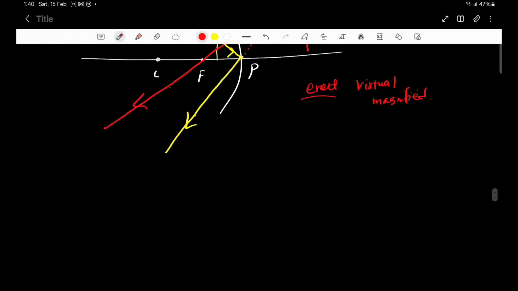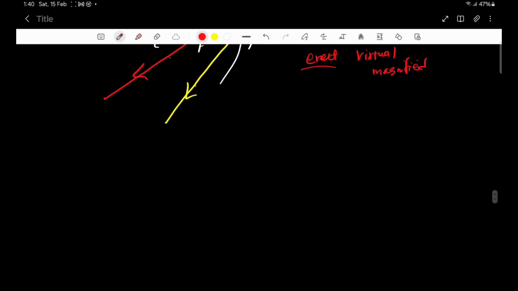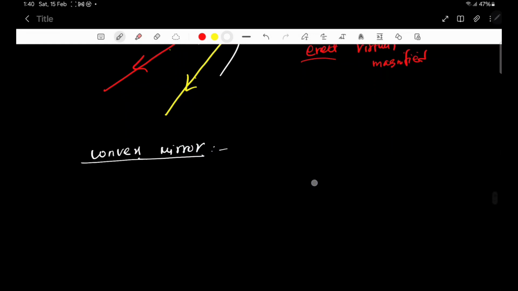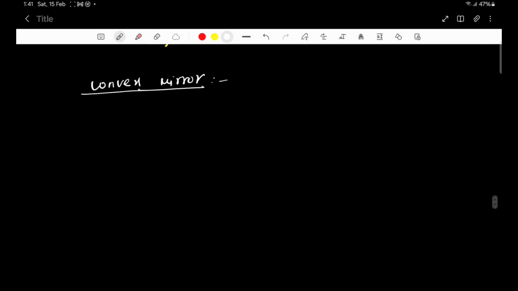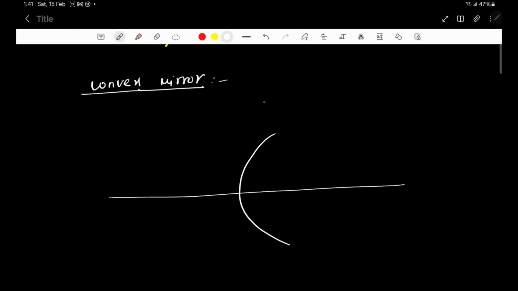Similarly, we can see the image formation of the convex mirror also by applying those rules. Image formation of the convex mirror. Okay, consider this. It's the focal point, it's the center of curvature. Here we have an object.